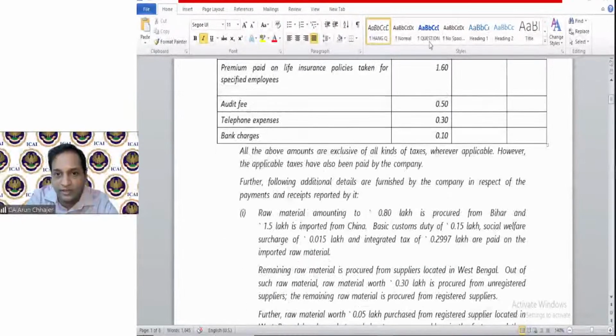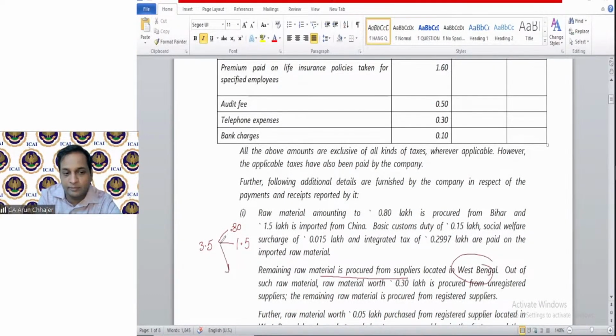The 3.5 lakh. So out of the 3.5 lakhs, they have purchased from Bihar 0.80, from China 1.5 lakh, and the remaining amount is procured from West Bengal. So how much is the remaining amount? 1.20 lakhs, right?